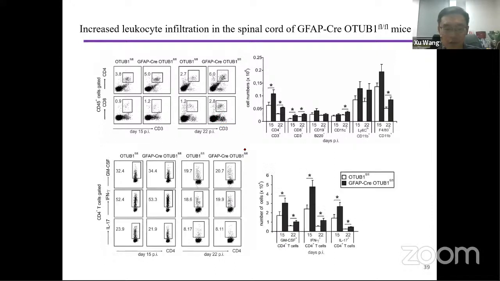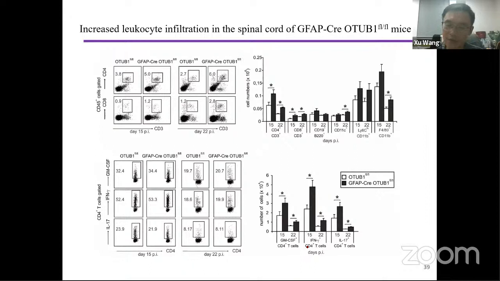We also analyzed the subsets of invading T cells, and we found that OTUB1 knockout mice had more disease-promoting CD4 T cell subsets.